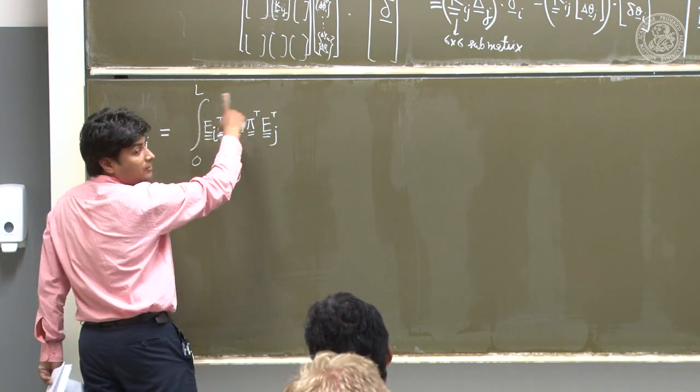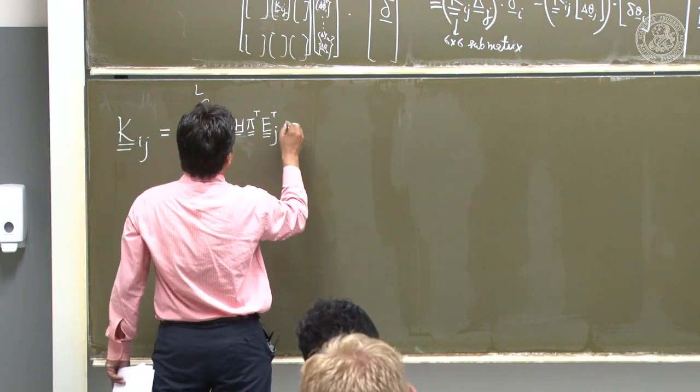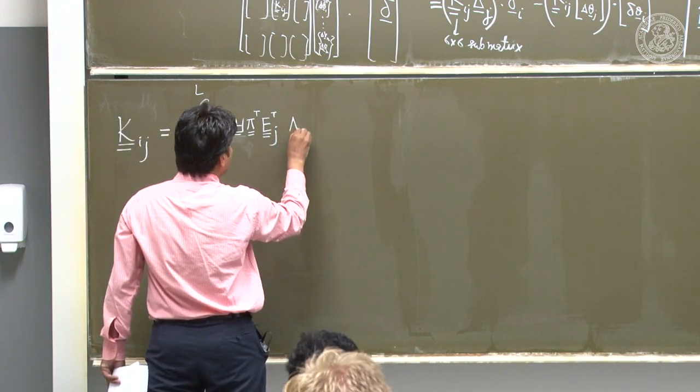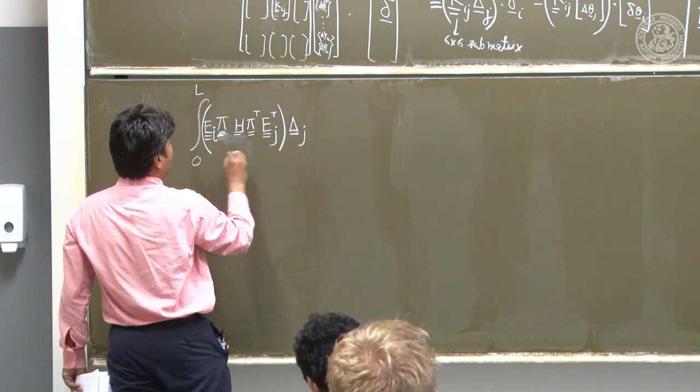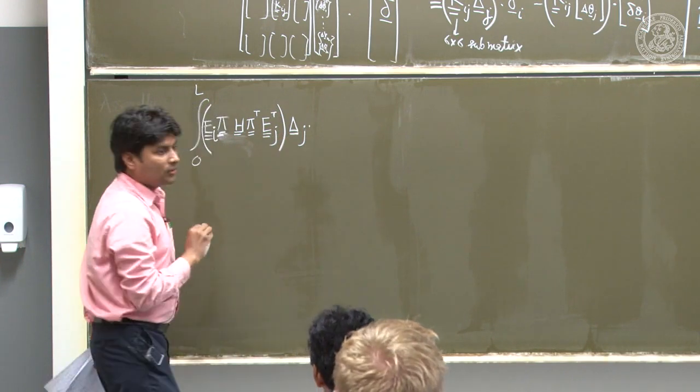See, this is a symmetric matrix, by the way, times your delta_j.